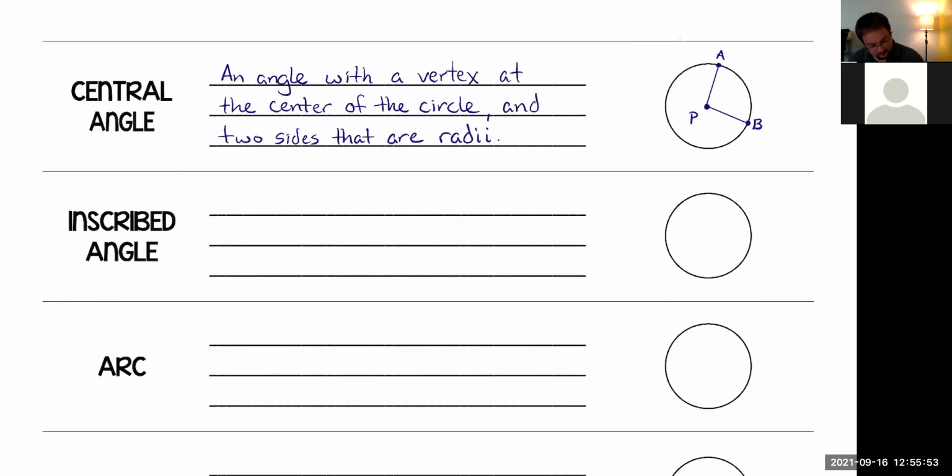Now, actually, I used the word inscribed incorrectly. Inscribed is the next one. So central angle, the vertex is at the center. Inscribed, the vertex is moved.